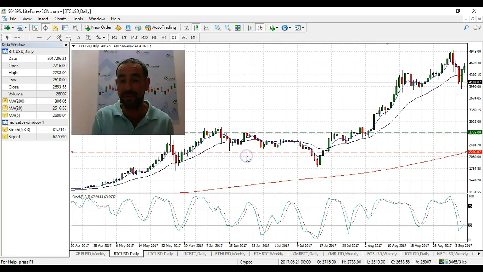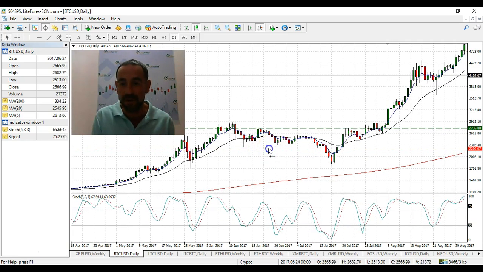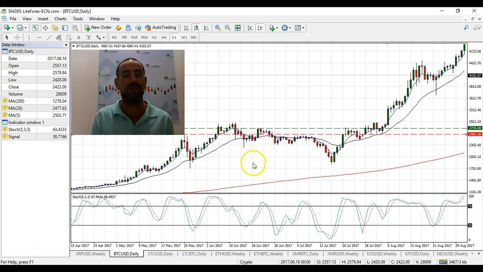So what I had to do at that point was to take the stop loss level and push it all the way to that same bar, the one on the 21st of June. So I was able to get out pretty much at the break-even point as that stop loss level was triggered a couple of days later.